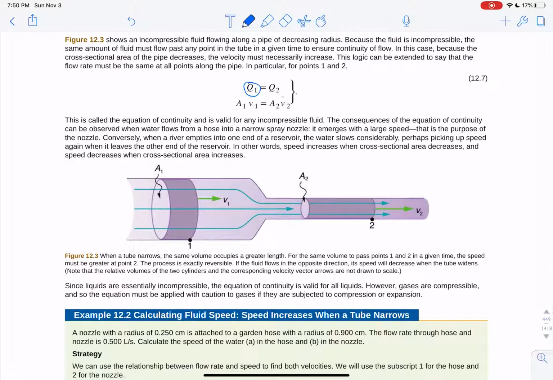Sometimes they'll give you the flow rate, and then you have to calculate the velocity or the area from that. So just keep all those things in mind. You could have Q1 is equal to A2V2, or A1V1 is equal to Q2. So a bunch of different permutations of those equations.